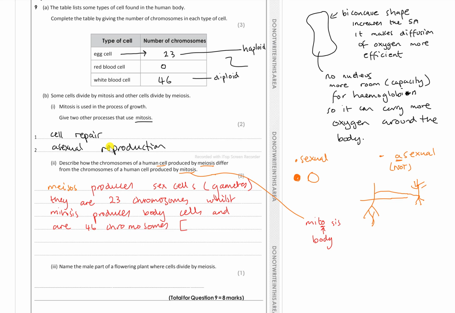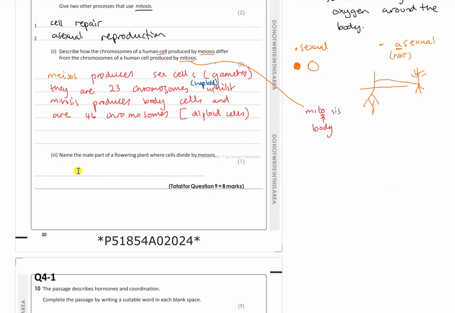Meiosis. Right, okay. 46 chromosomes are called diploid cells, and 23 chromosomes are called haploid cells. Okay. Name the male part of a flowering plant where cells divide by meiosis. So where is the pollen produced? It's in the anther.